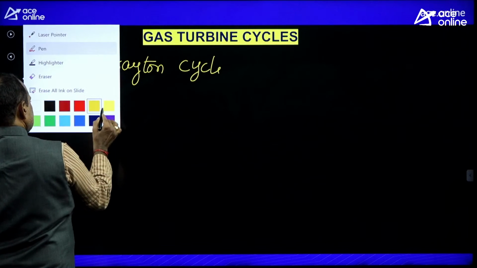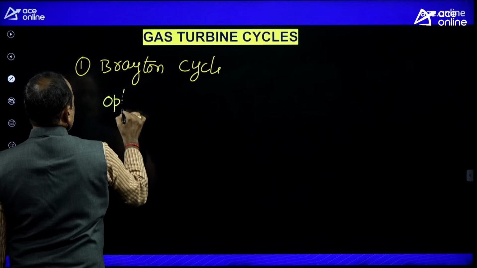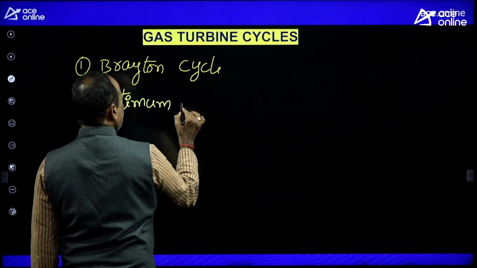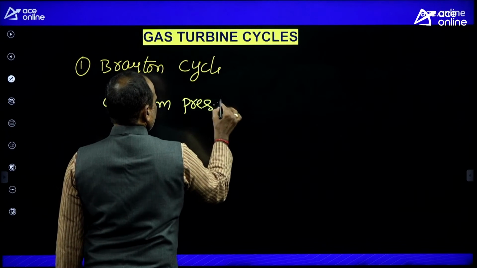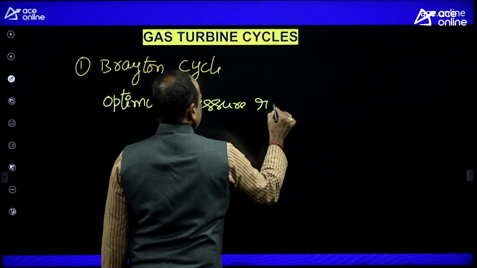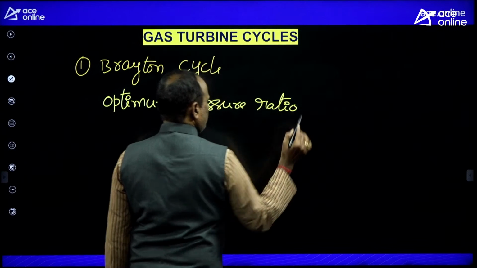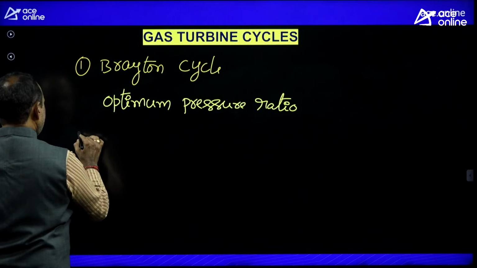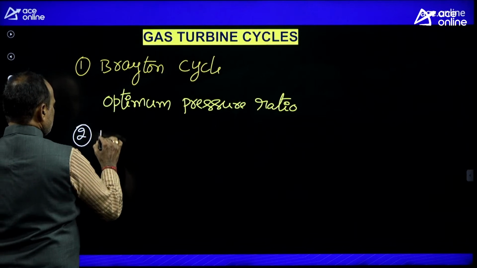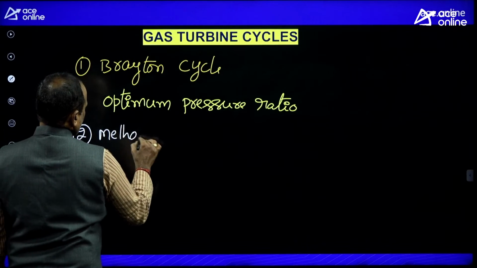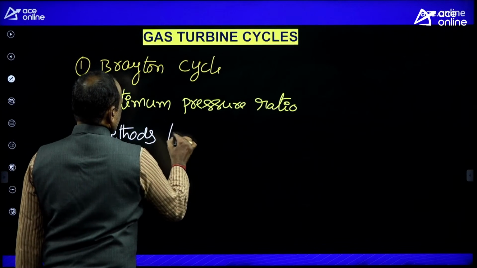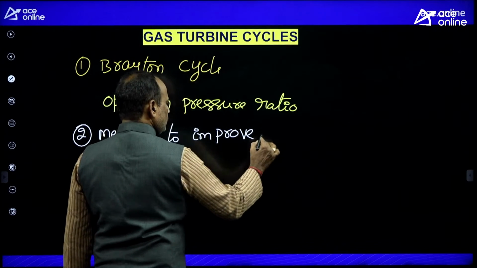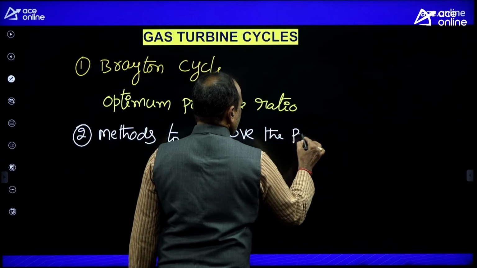Then you try to practice the optimum pressure ratio, theory and numericals for optimum pressure ratio, and try to practice the theory and problems for methods to improve the performance of the Brayton cycle.